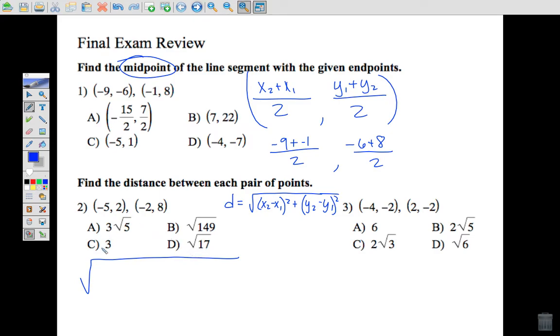Now if it came up as 9, you would know that radical 9 is 3. But the chances are, because these are radicals, that it's going to be a radical. So -2 minus -5, which becomes plus, minus a negative is the same as plus, squared plus 8 minus 2 squared. And this one you do the same way. I'm not going to set that one up for you.